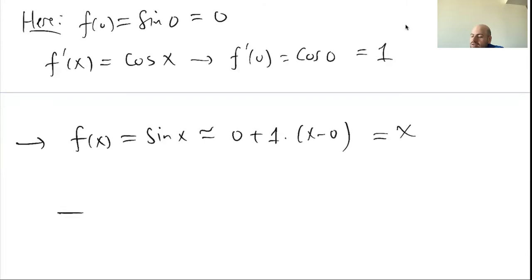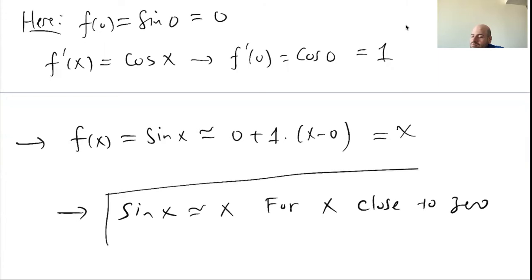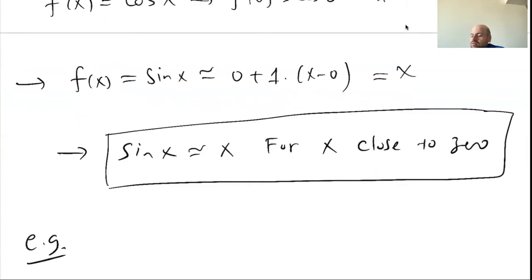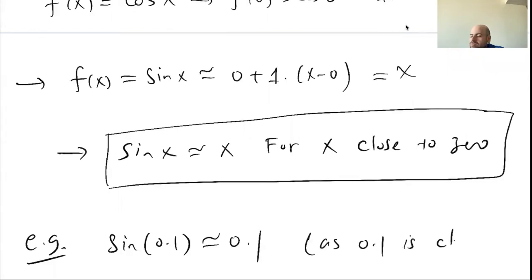We concluded that sine x is almost equal to x itself for x close to 0. For example, if they ask you to estimate sine 0.1, we can also say it is almost equal to 0.1 itself, because 0.1 is close to 0.